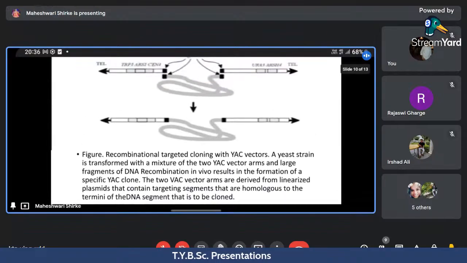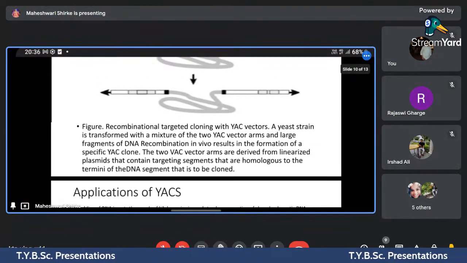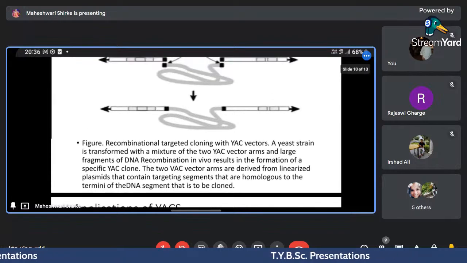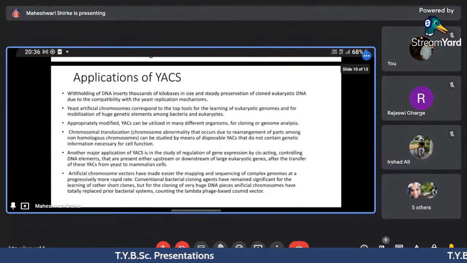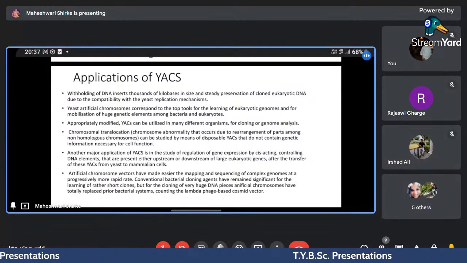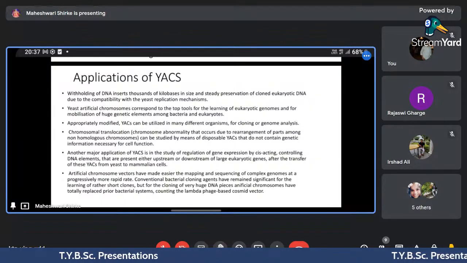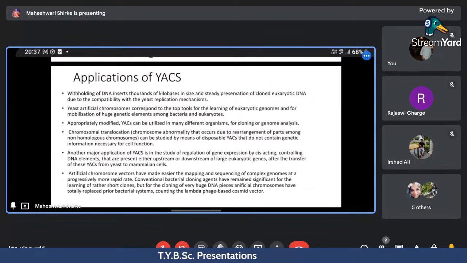This is a diagram of recombinational target cloning with yeast artificial chromosome vectors. Applications of yeast artificial chromosomes: first, the holding of DNA inserts thousands of kilobases in size and preservation of cloned eukaryotic DNA due to the compatibility with the yeast replication mechanisms.